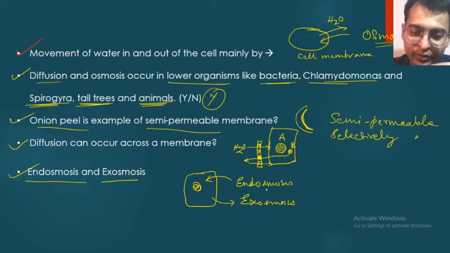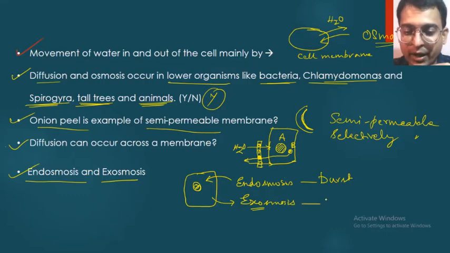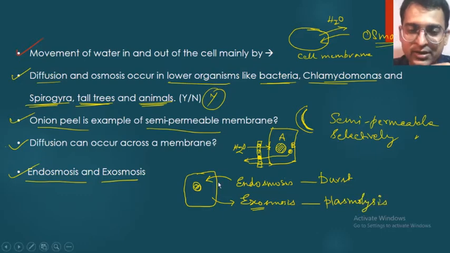So what is going to happen if there is a lot of endosmosis taking place? The cell will burst, because a lot of water is going inside, it will swell up and it will burst. If there is a lot of exosmosis, then what is going to happen? There is going to be plasmolysis. The cell is going to shrink and it will result in plasmolysis.